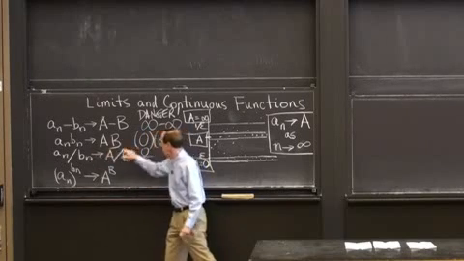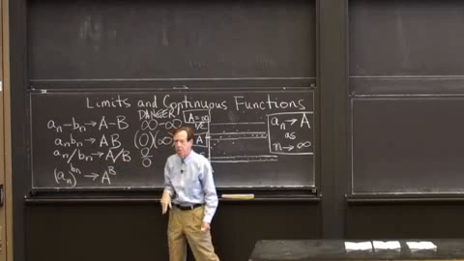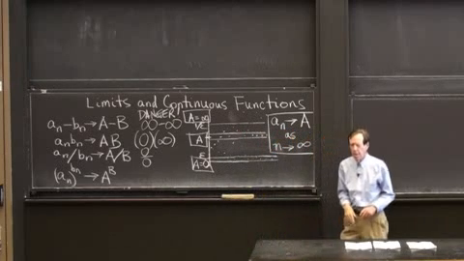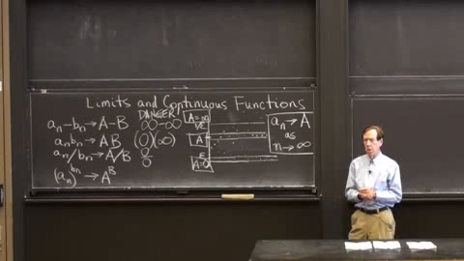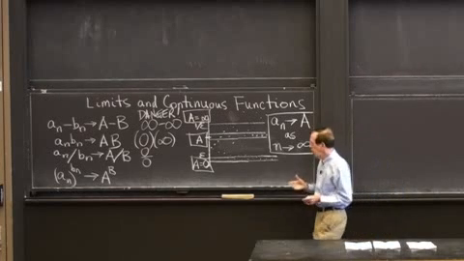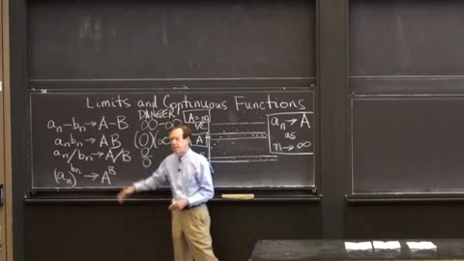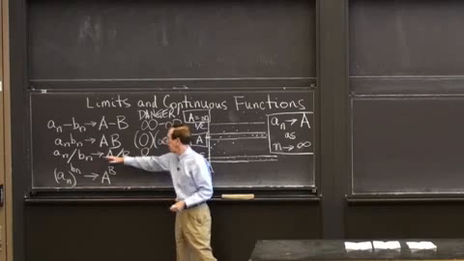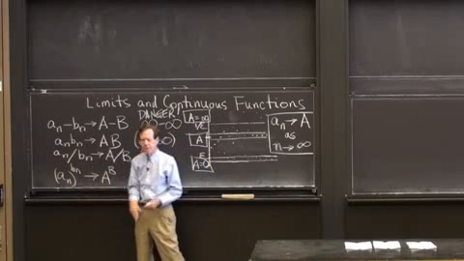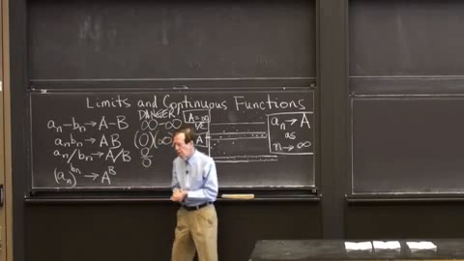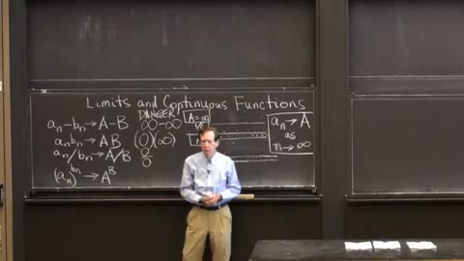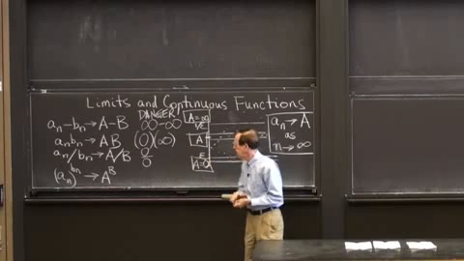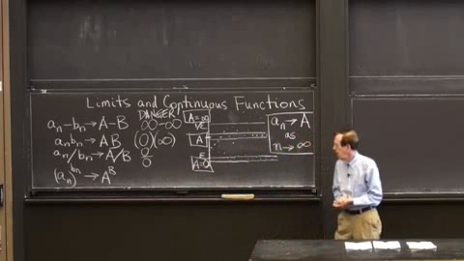If the a's go to 0 and the b's go to 0, I can't tell what their ratio goes to, because it depends how fast they go. If the a's go quickly to 0 and the b's are rather slow getting there, in other words, the b's would be a lot bigger than the a's, even though both are going to 0, then that fraction would be small. But if I reverse them, the fraction would be large. So I think 0 over 0 is a danger.